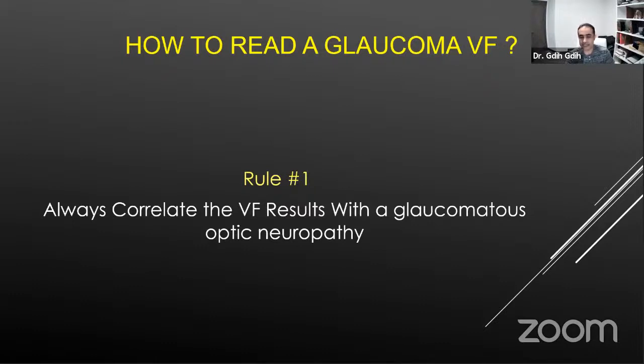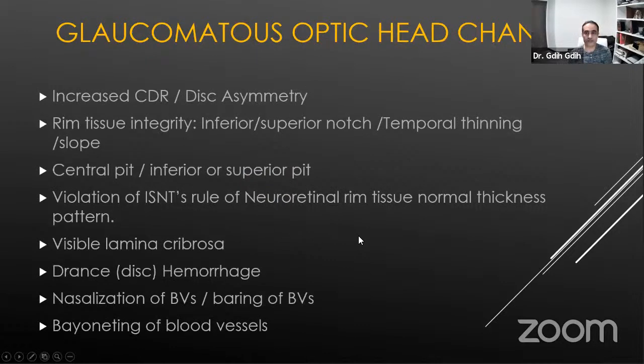You cannot say, okay, here I have a superior arcuate, and then you look at the optic nerve with a very healthy rim and a 0.3 CD ratio. Where did the superior arcuate come from then? Right off the bat, you cannot proceed. You just have to think something else. So you always have to correlate the visual field results with the glaucomatous optic neuropathy.